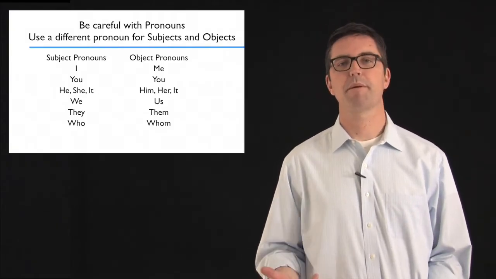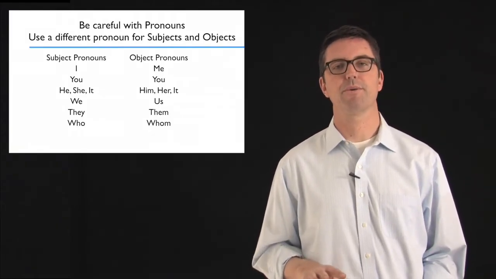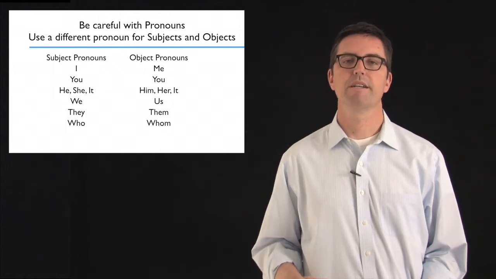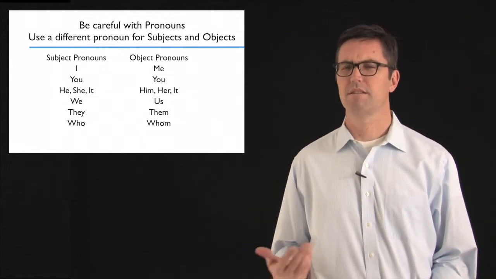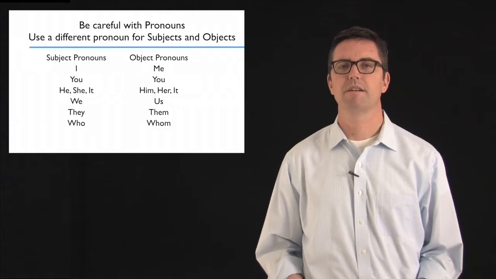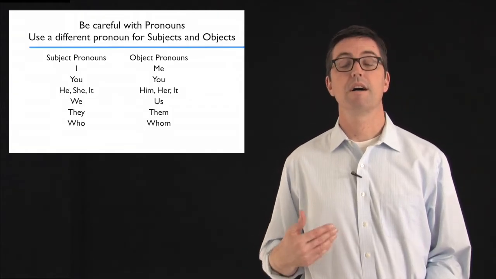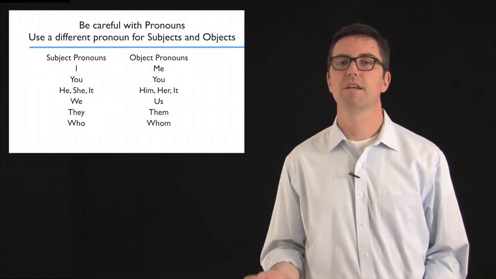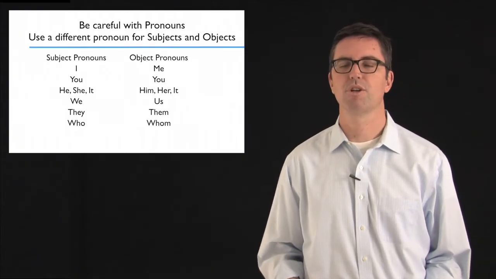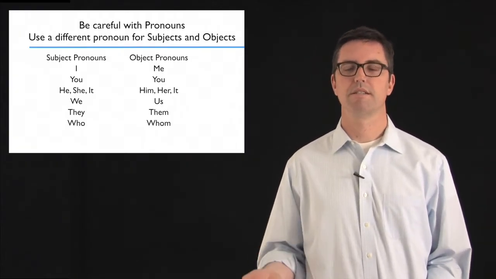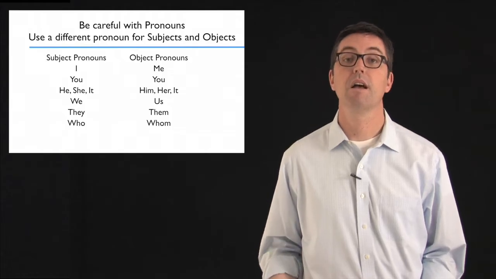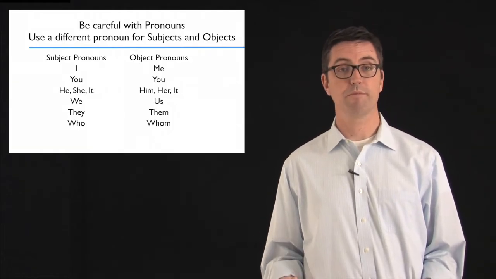Those, when we're talking about people, are the pronouns that we use as a subject. When it's an object, and in future lessons we'll talk about objects, the object pronouns are me, you, that one's the same, her, him, it, that one's the same, us, them, whom.